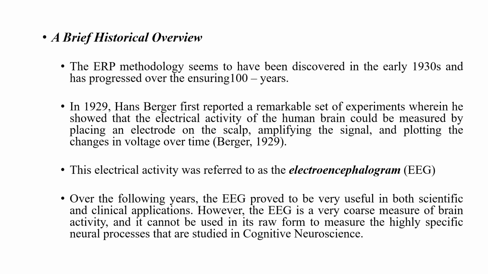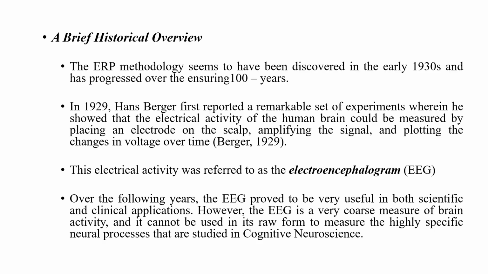One of the first interesting events was in 1929 when Hans Berger reported a remarkable set of experiments wherein he showed that the electrical activity of the human brain could be measured by placing an electrode on the scalp, amplifying that signal and plotting changes in the voltage over time. So that is basically the first time people discovered that electrical activity in the brain can actually be measured, and this is the contribution of Hans Berger.